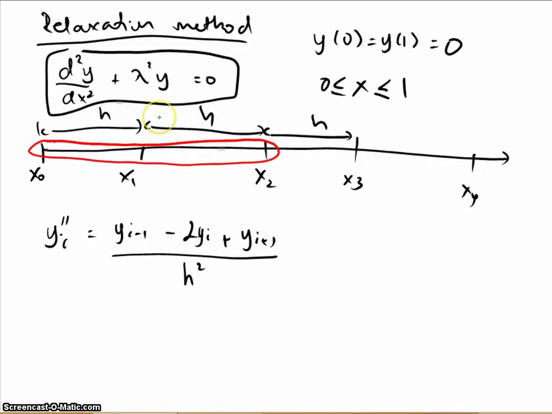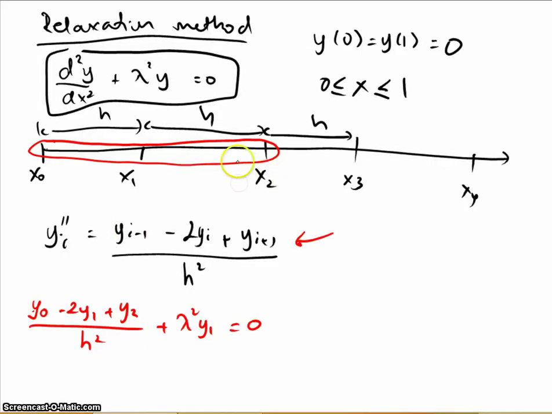So our first interval, which is given by red here, I can write my y double prime here as y0 minus 2y1 plus y2 divided by h squared plus lambda square y1, and this would be equals to 0. Okay, so this is from my application of this approximation into my governing equation here, so that d square y dx square is just written by this expression here, and lambda square y1 is just the value of this lambda square y. Okay, so this is for my first interval.